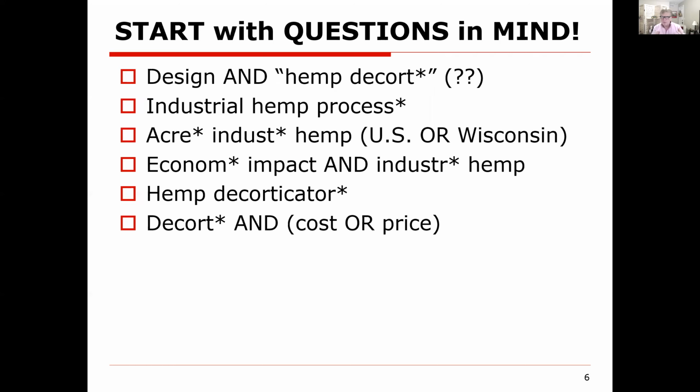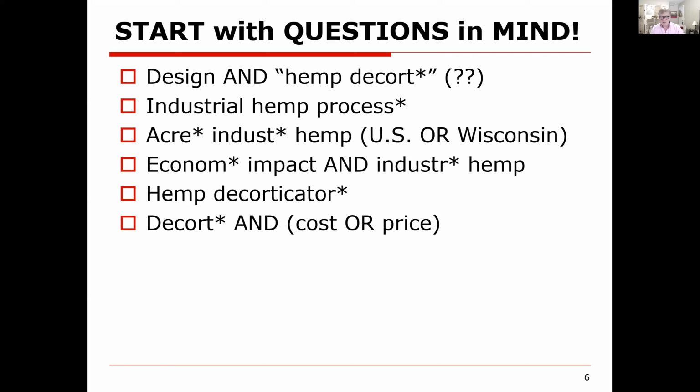Otherwise, it becomes overwhelming, and your search can become a wild set of paths that you can never go back and recreate, and you may or may not find the right information unless you do your search systematically. So I always begin with some questions, like what designs have happened with hemp decorticators in the past? So I might search the word design and in parentheses, hemp decorticator.